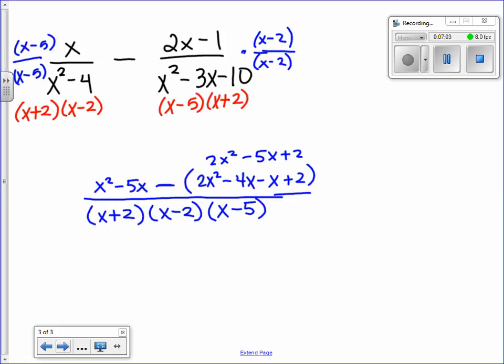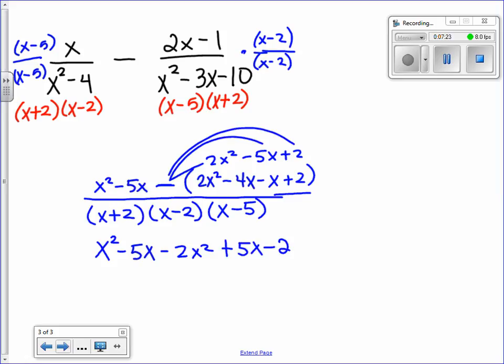Okay, now this is a common error. You are subtracting this entire thing. Everything's being subtracted. So this is actually x squared minus 5x minus 2x squared plus 5x minus 2. Because everything is being subtracted. And minus a negative is actually plus, right?